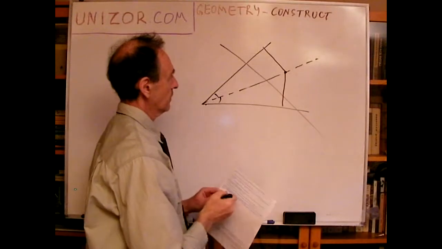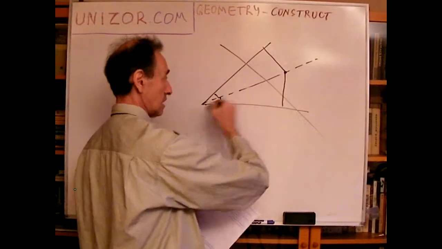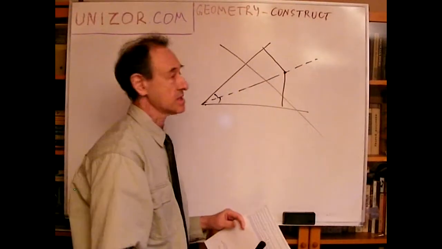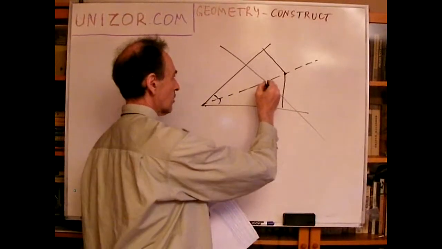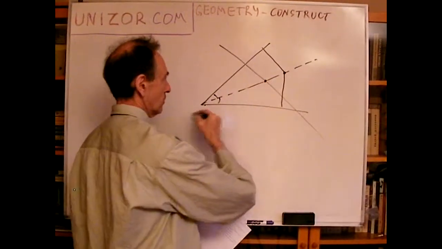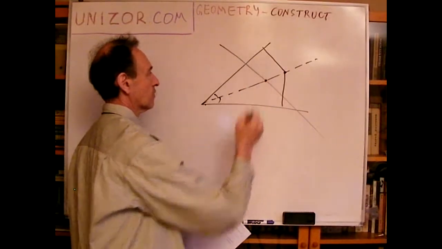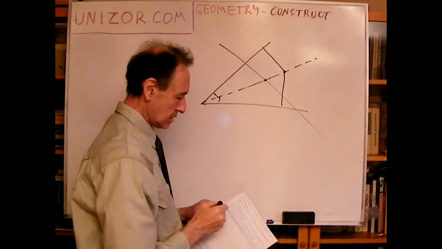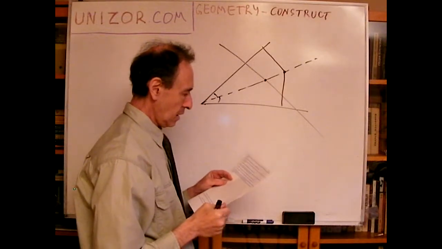So we have to find the point which is equidistant, which means it's supposed to be on the bisector of this angle, and lying on this line. Well, obviously that's the crossing of these two, so the construction is: draw a bisector of the angle, and wherever it crosses our line, that's the point we're looking for.